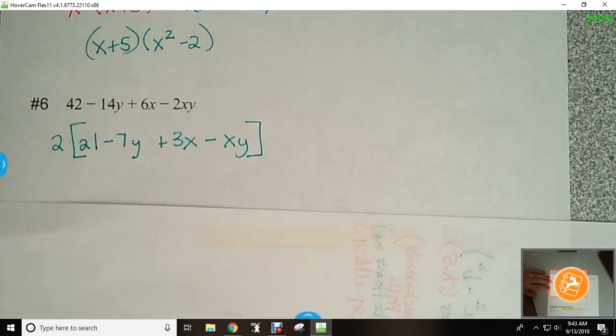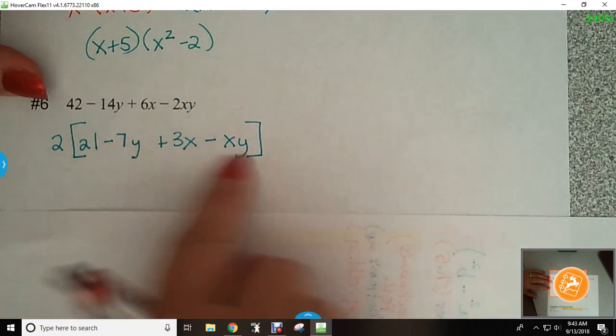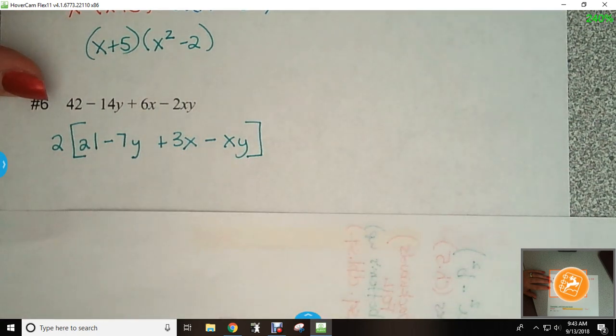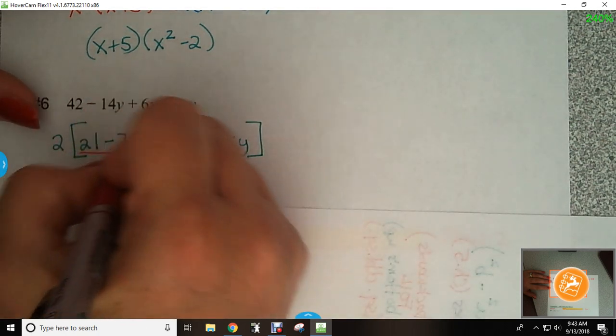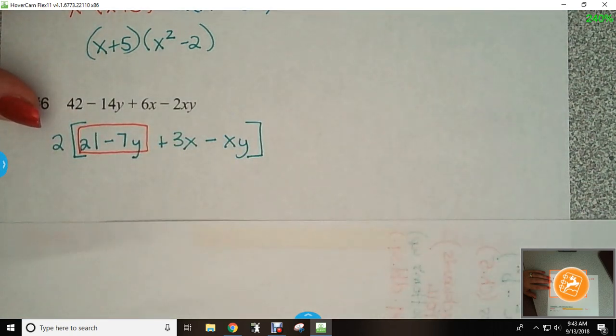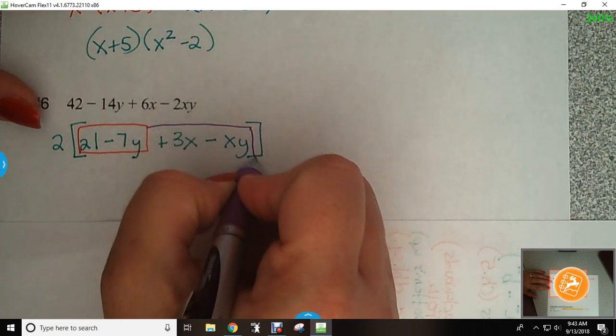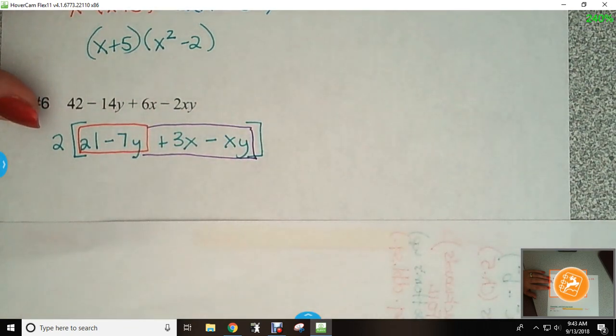And now, inside that big set of brackets, I want to group things because I have 4 terms left inside those brackets. So when I group these two together, I'll have a greatest common factor. And then I will group these two together and find the greatest common factor.